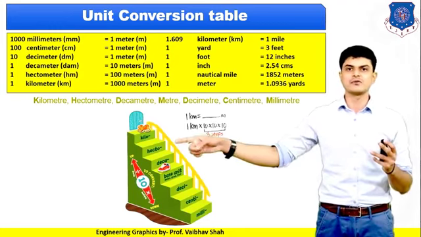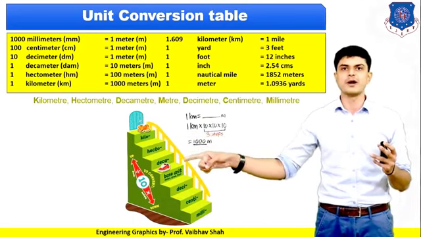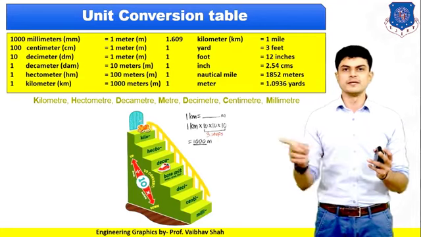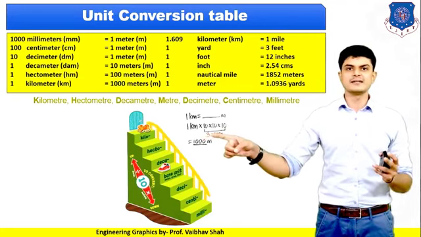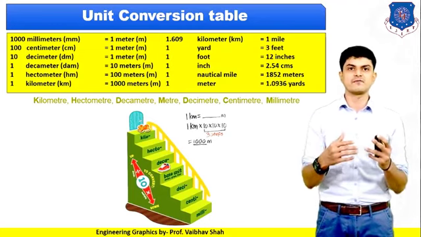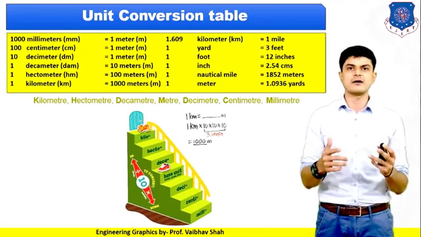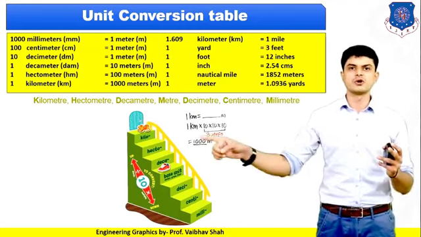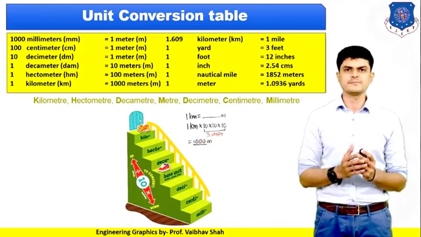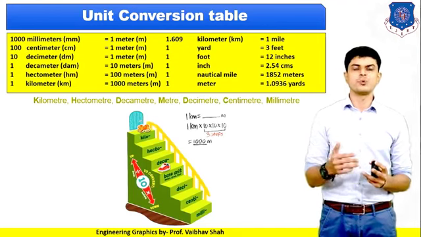Because we are descending a total of 3 steps, 1, 2 and 3. That's why our unit conversion would be 1 kilometer is equal to 10 times 10 times 10. So 3 times 10, because we have descended our cat 3 steps. So now our unit conversion would be 1 kilometer is equal to 1000 meters. So very easy, right? So now let us move ahead.